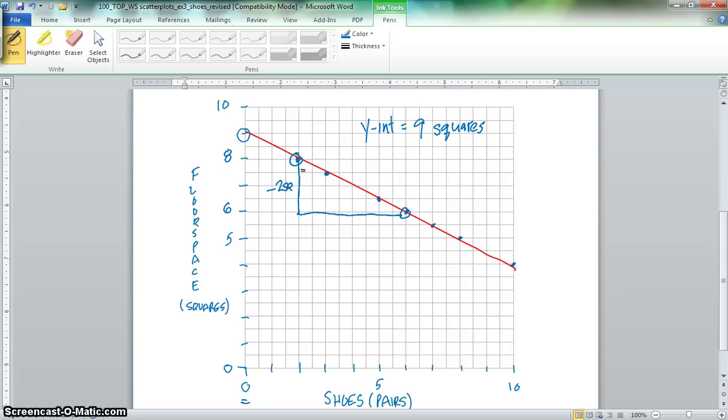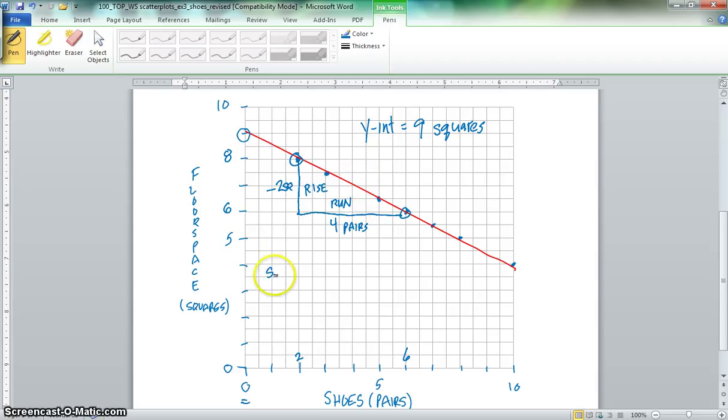That change, or what we call, in our triangle, that's the rise. It's actually a drop in this case of 2 squares, and that happened over how many pairs of shoes? Well, this is 2 and this is 6, so that's 4 pairs of shoes. In our slope triangle, we call that the run.